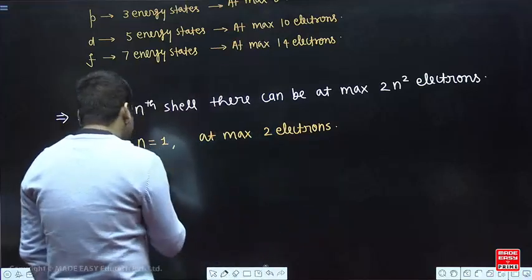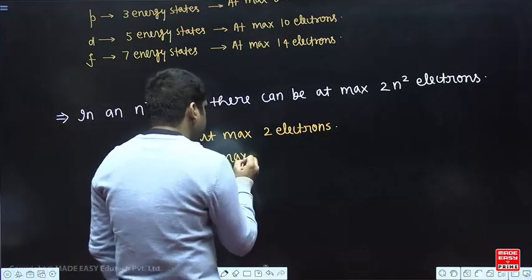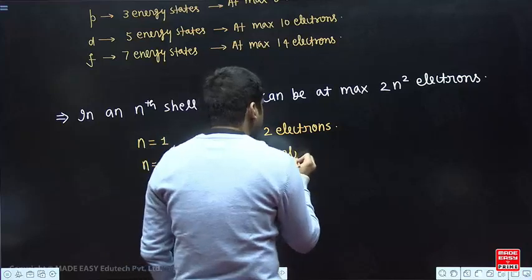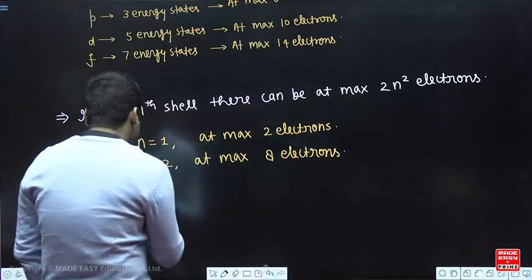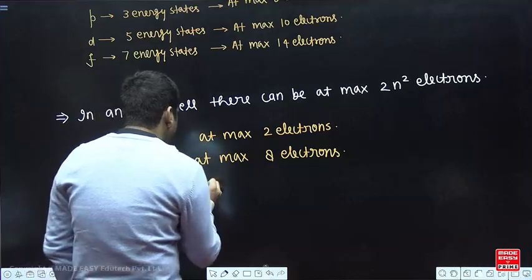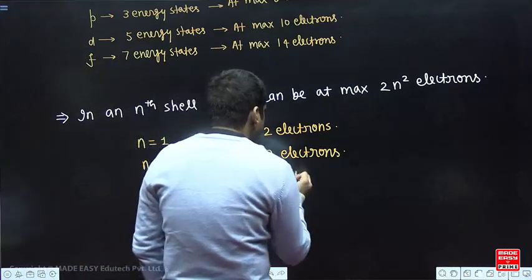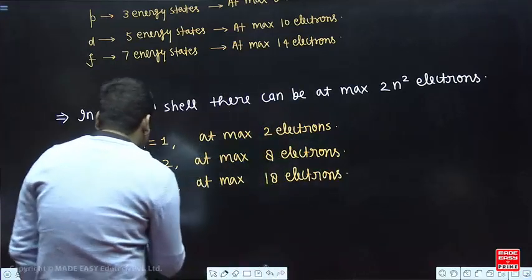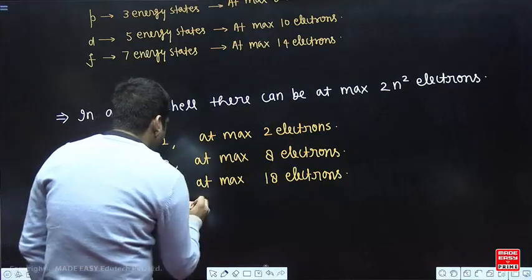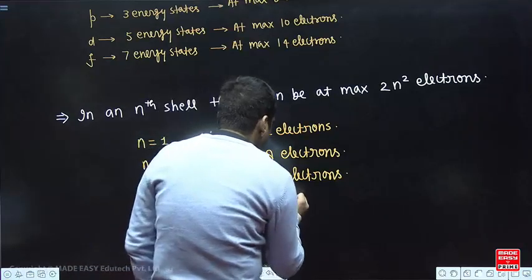Then n is equal to 2, at max 8 electrons. n is equal to 3, then at max 18 electrons. n is equal to 4, then at max 32 electrons.